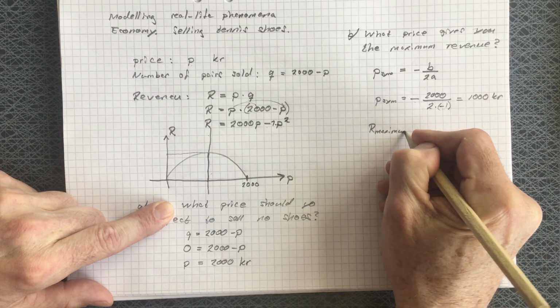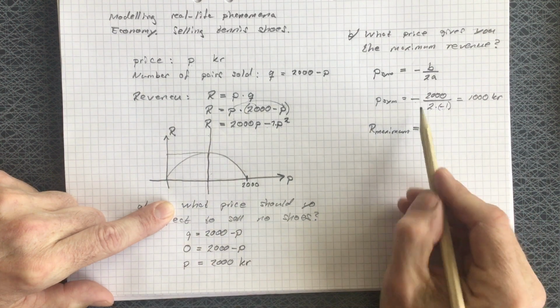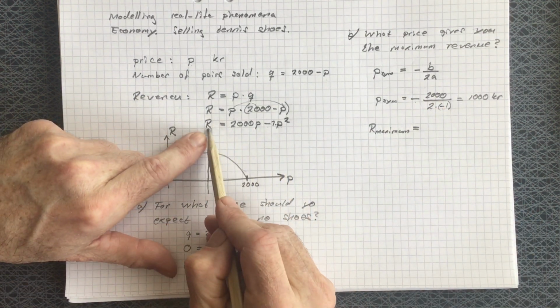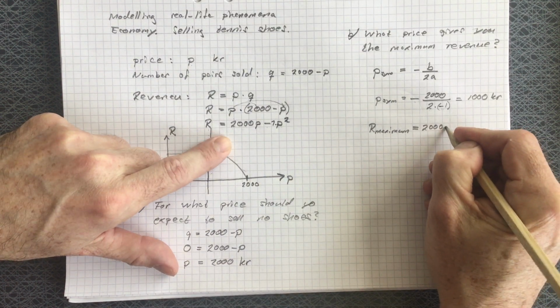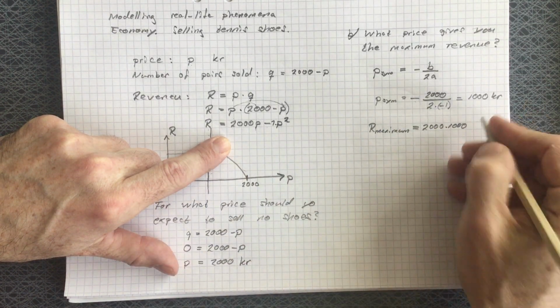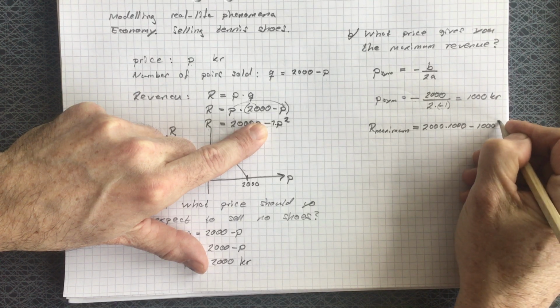Now, let's find the revenue maximum. And that is equal to, now I take the symmetry line and put it inside the formula for the revenue. So 2000 multiplied by 1000, that is P, 1000, minus 1000 squared.